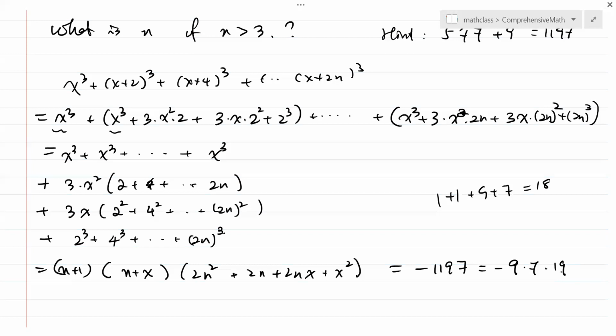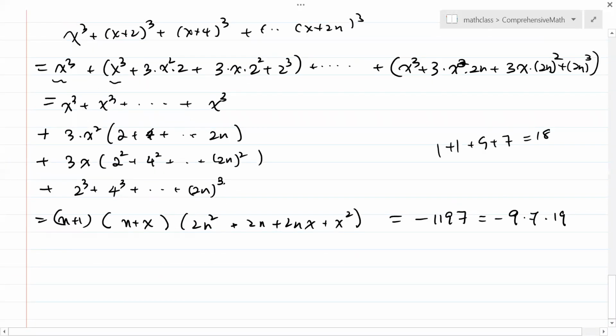So from here, it'll be much easier to figure out. I tried several possible solutions. n plus 1 is going to be 7. That works. So you get n immediately. Then you determine x is actually going to be negative 9. x equals 2 does not work.